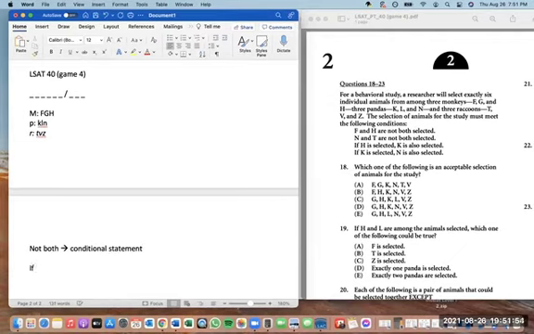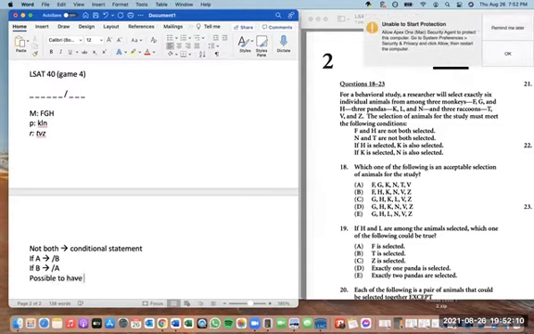Well, if we have A, then we do not have B. If we have B, then we do not have A. Okay, it's possible that we have neither, but we cannot have both. Right. So that means at least one of them is out.